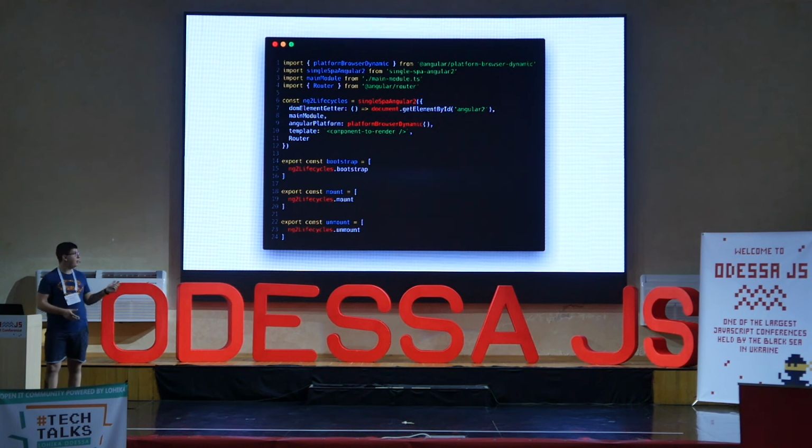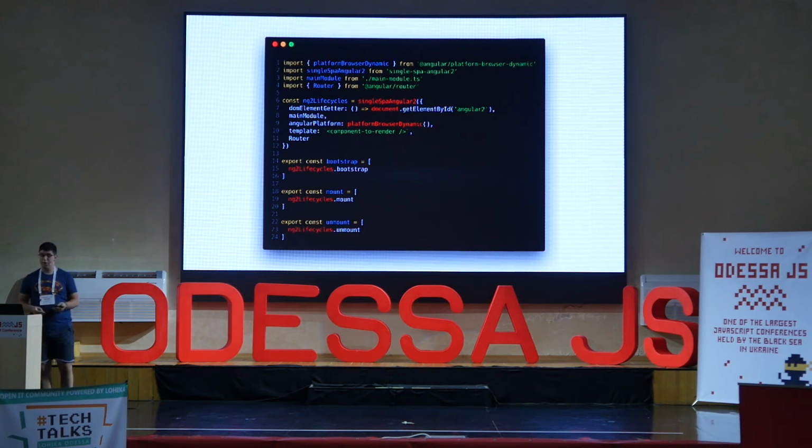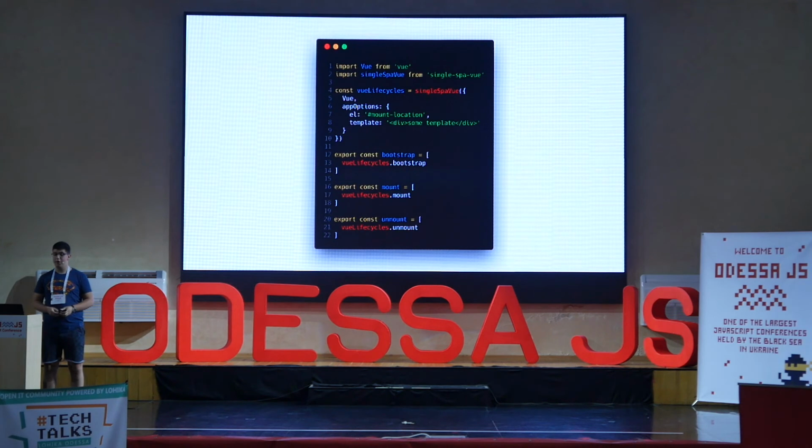Same thing we have for Angular. So just pass the main module, the template that you want to render, and the Angular router, and that's it. You will have bootstrap, mount, and unmount methods exported. And we also have this for Vue.js, which is the simplest. Just pass the element where you want to render, and pass the template that you want to render, and that's it.